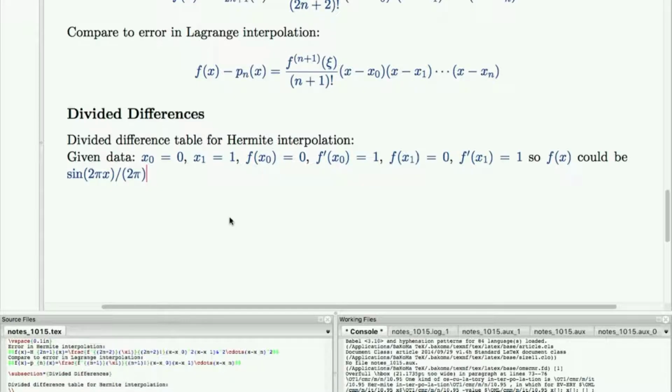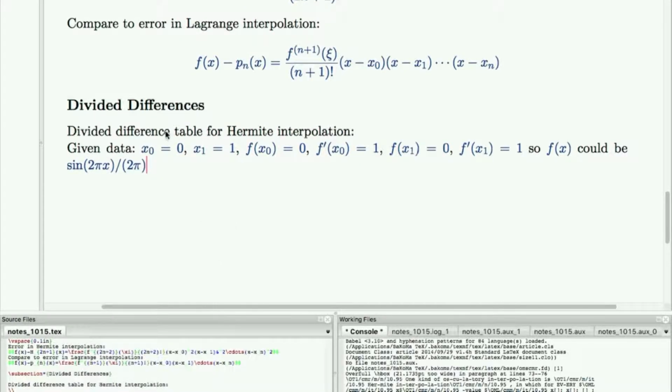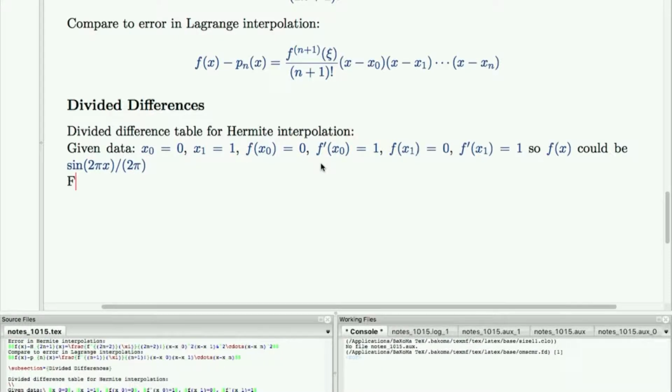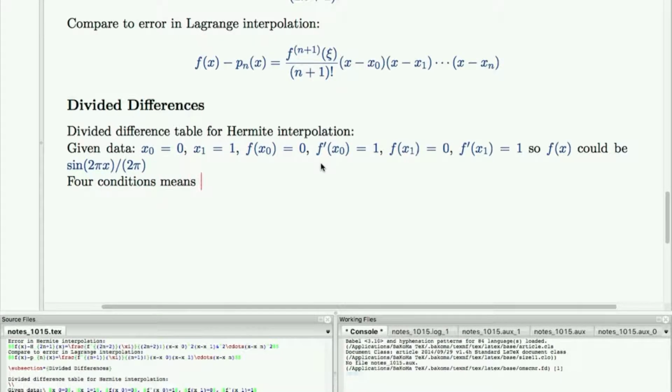Now, because each x value has 2 conditions imposed on it, effectively I'm performing interpolation with 4 points. So 4 points listed in the table, and a cubic polynomial.